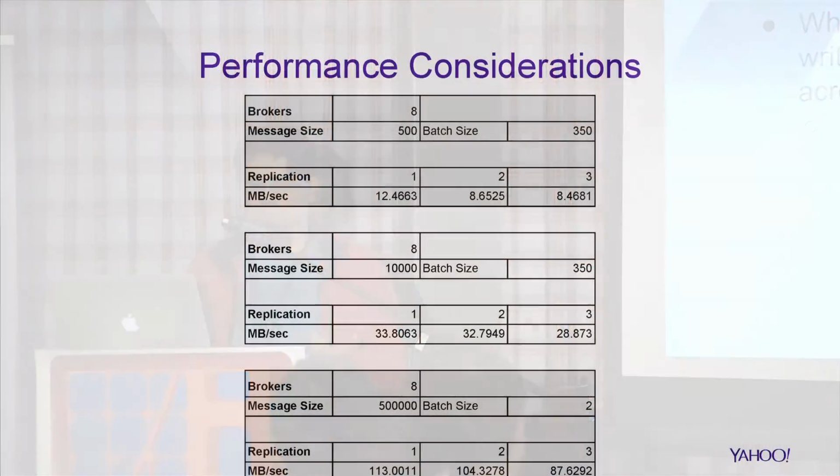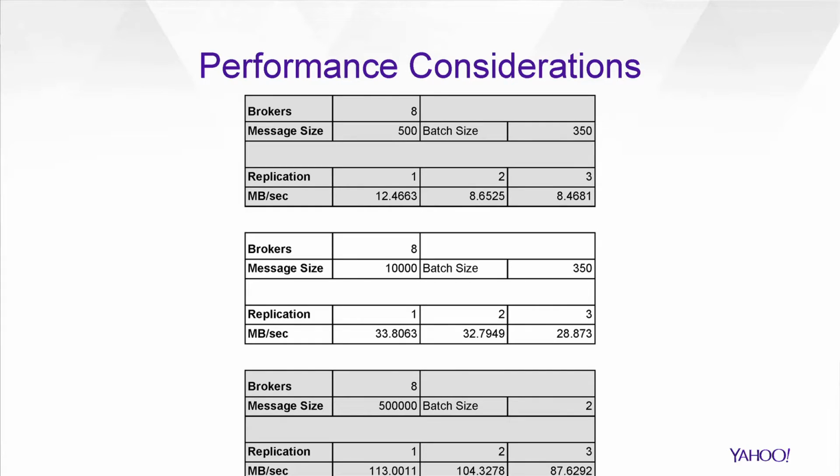So we took a POC cluster and ran these benchmarks. Here's an example benchmark we did. And as you can see, the higher throughput was achieved as we increased the message size and obviously at lower replication factors. We used all the benchmarking tools that Kafka comes with as a part of doing this benchmark.